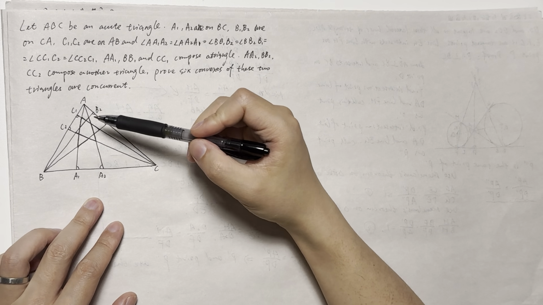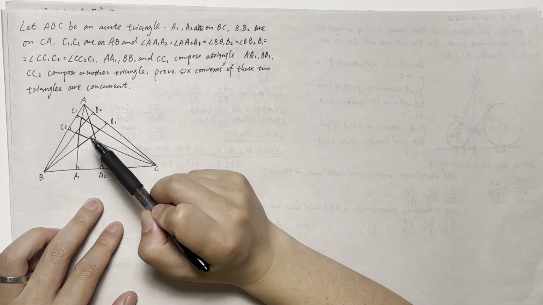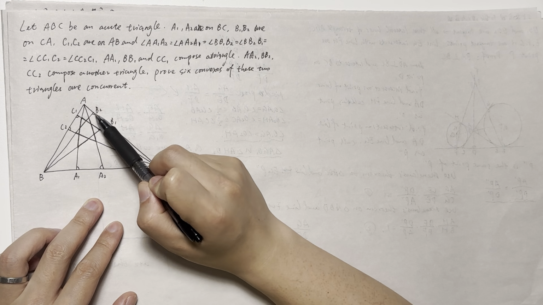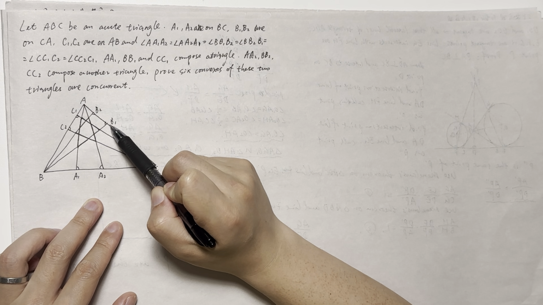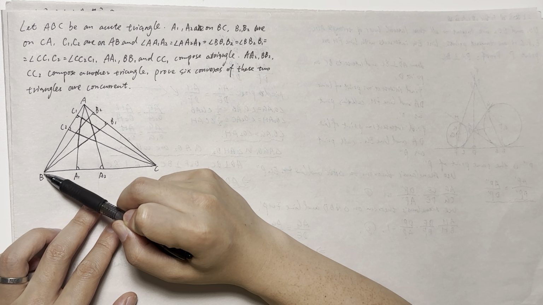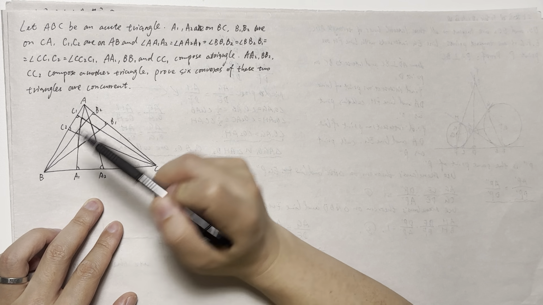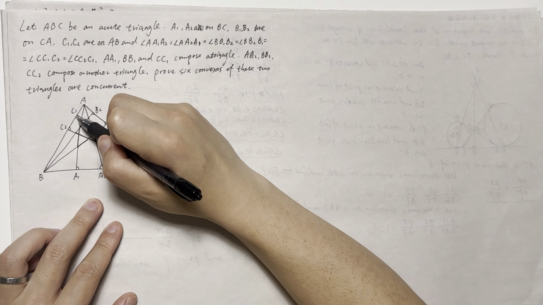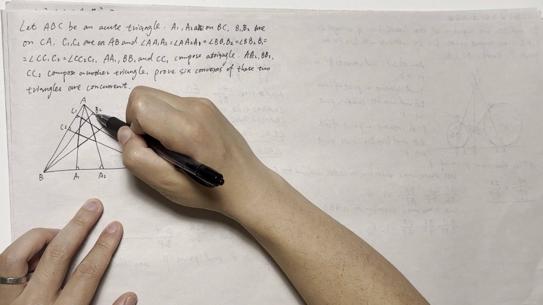And from the condition we got, because angle B2B1 equals angle C1C, this angle equals to this angle.